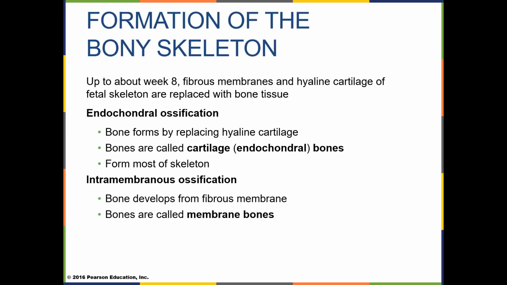So there are 2 terms we use to describe this. What we say is endochondral ossification. The cartilage is referred to as endochondrium. The bones that are present that are made out of cartilage are the endochondral bones. You know, we're going to call them bones.